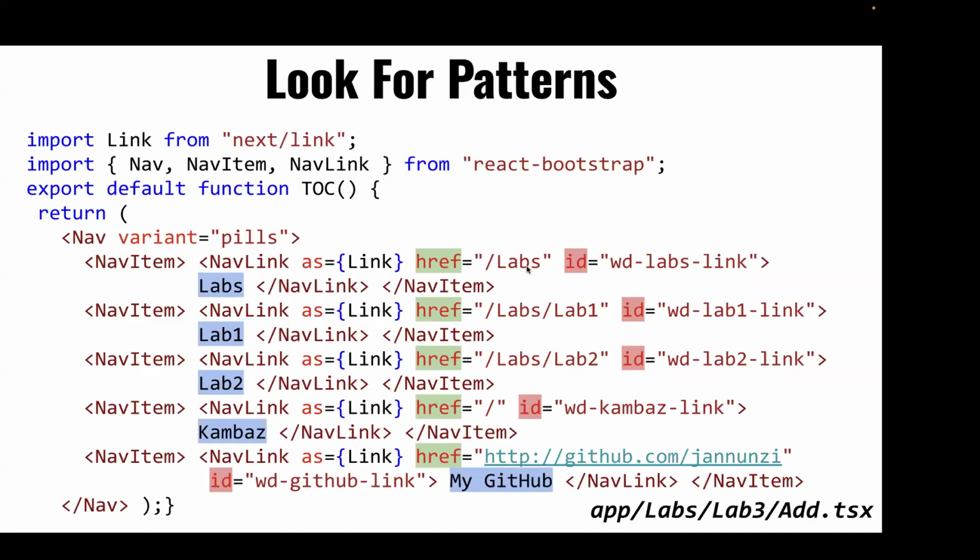So our current table of content is pretty static. It looks something like this. You have a whole bunch of nav link components with a whole bunch of hrefs that allow you to navigate to lab 1, lab 2, lab 3, blah blah blah, Kambaz, GitHub, and each one has its own ID, each one has its own label.